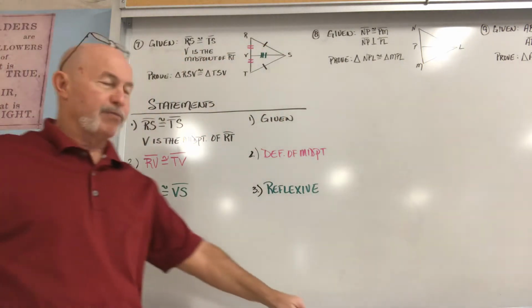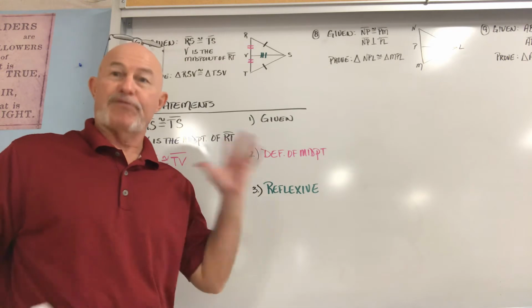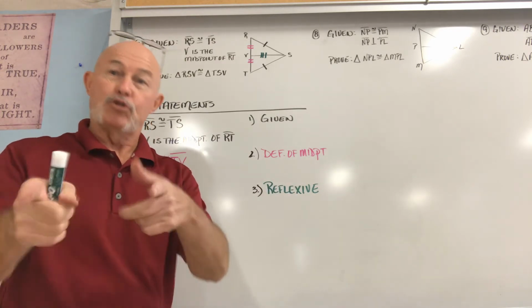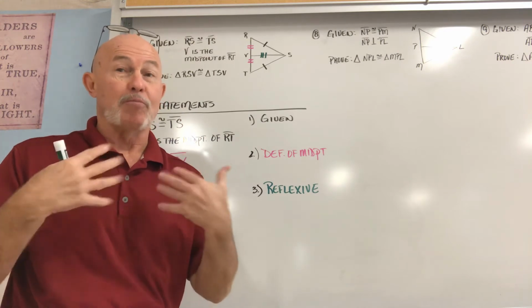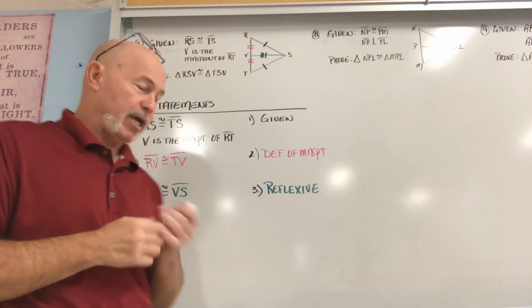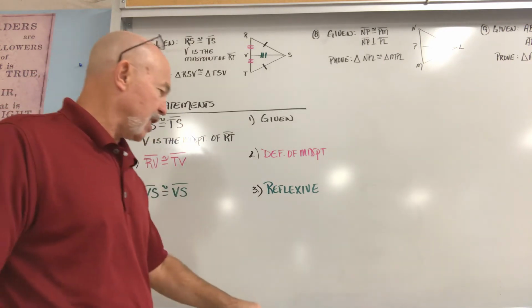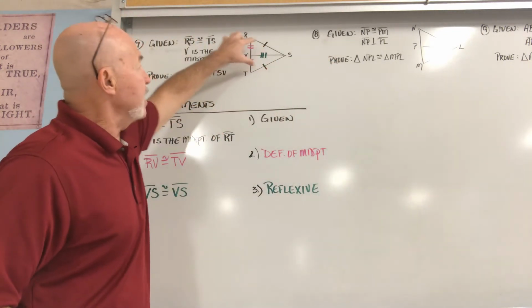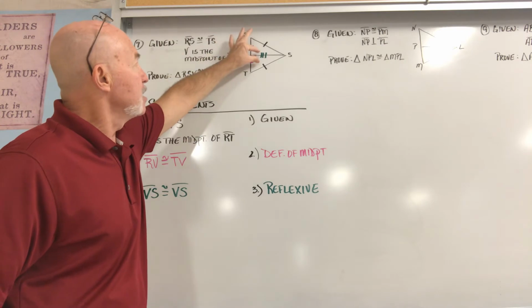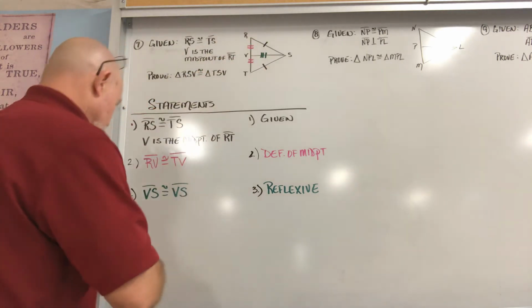And no, I'm not going to write the reflexive property of congruence. Reflexive is fine. It means you know what you're doing, and if you put that much, you show me you know what you're doing. Okay? And now our last step. What allowed us to say this? Side, side, side. There it is.